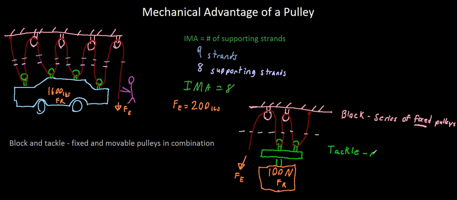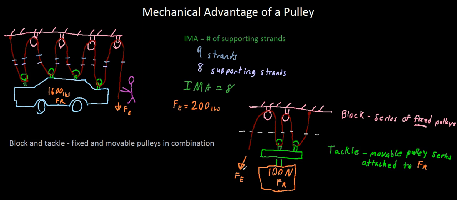And then the tackle is the movable pulley series attached to FR. And when I say movable, I mean literally these pulleys are moving up. As I pull down on a force effort, this pulley system goes up.